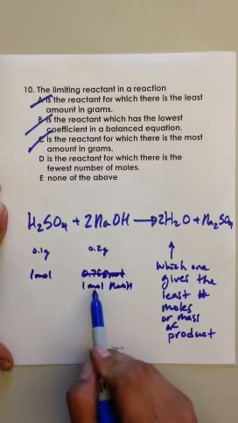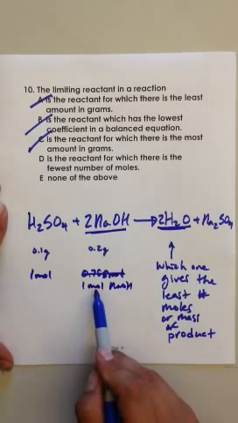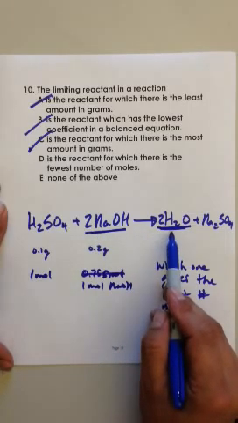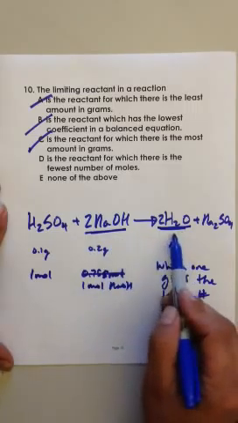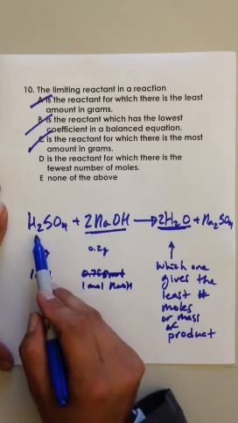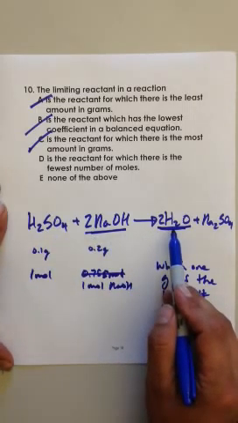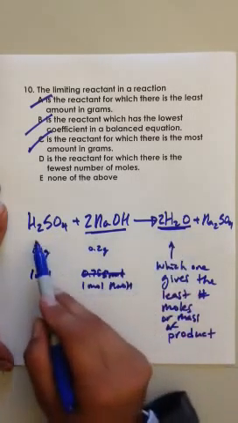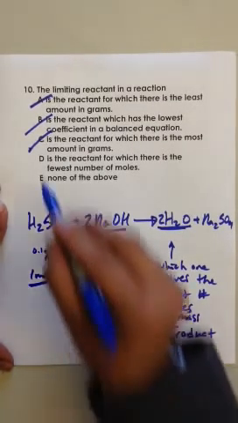But since we're talking about H2O, for every 1 mole of NaOH, it's a 2 to 2 ratio, so I'll give you 1 mole of H2O. But for every 1 mole of this, it's a 1 to 2 ratio, so you're going to create 0.5 moles of this. So this one produces less product with the same amount of moles. So this doesn't really help.